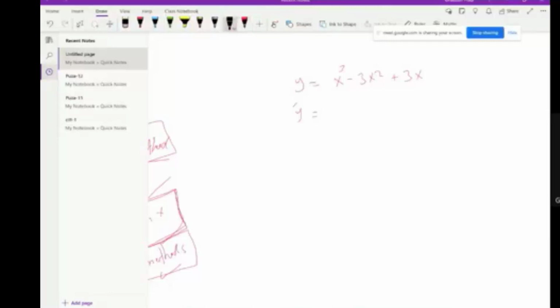Anybody help me? 3x squared minus 6x plus 3. Okay. Now, this is also easy, and we solve it analytically.